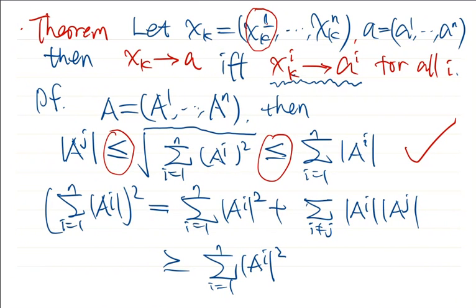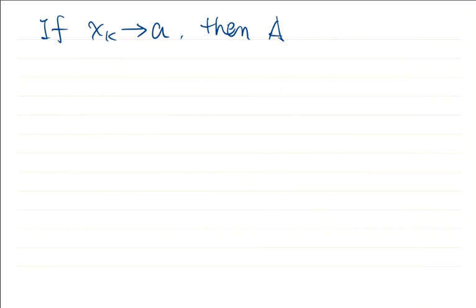So to prove the theorem, if xk converges to A, then in the previous inequality, we take AI to be xki minus AI.